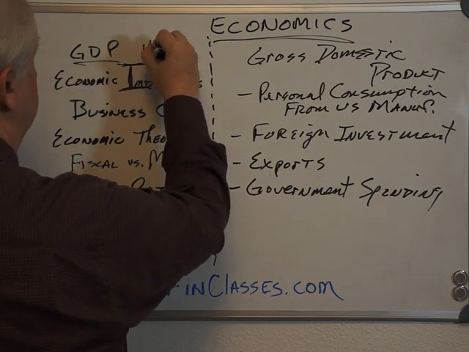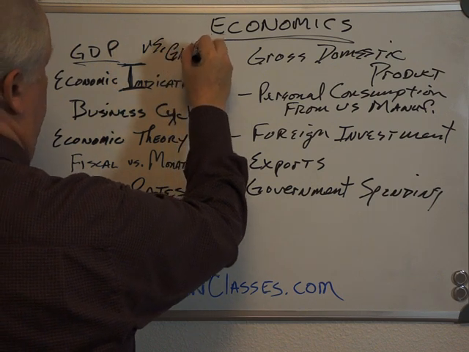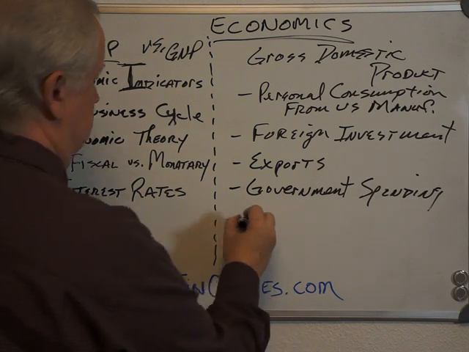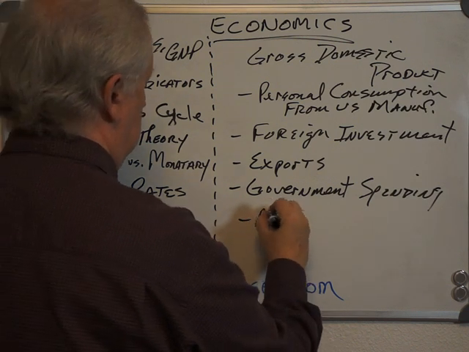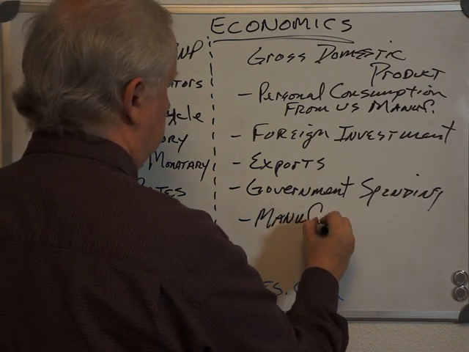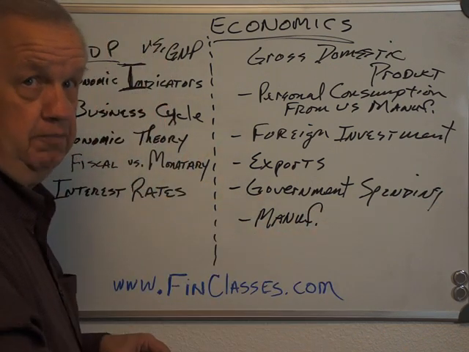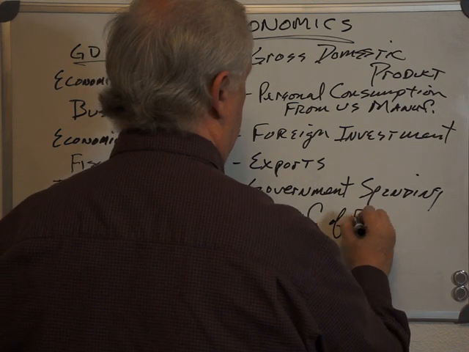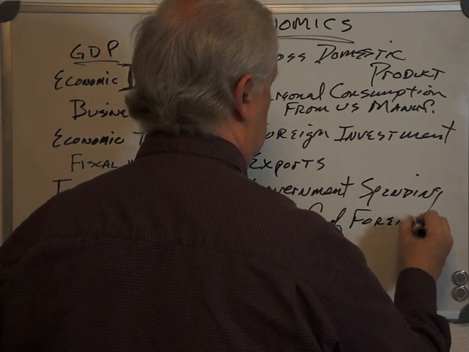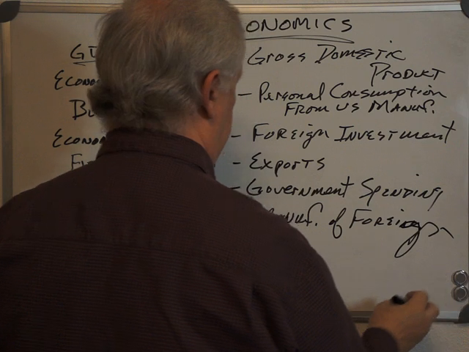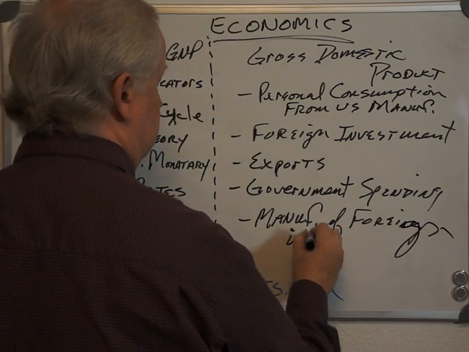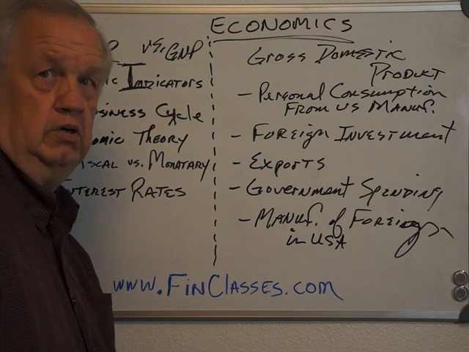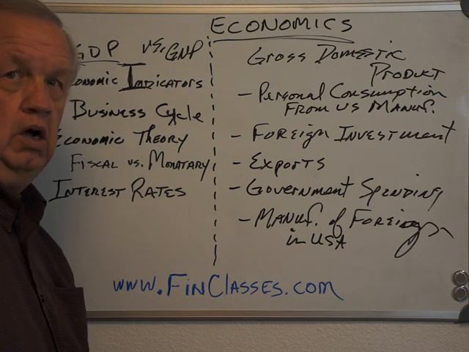Now, there's one other. Let's take gross domestic product versus gross national product. What gross national product adds to this is manufacturing from foreign companies inside the United States. Foreign in the USA. So that would include Toyota, Nissan, Honda, Hyundai.